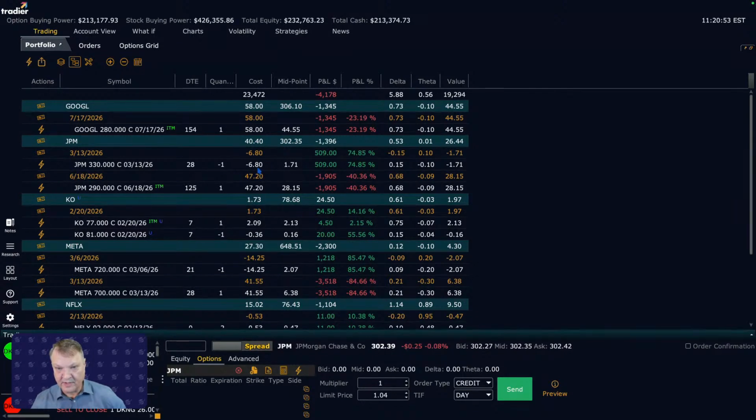We sold it at $6.80. The midpoint now is $1.74. So if that goes down a little bit, we might just take this trade off and remain long our call option. But we did well, Pilgrim, right? Because we sold this for $6.80 and we can buy it back for $1.70. We still have a little bit of a loss, but our roll was very timely when we did that roll on that position.